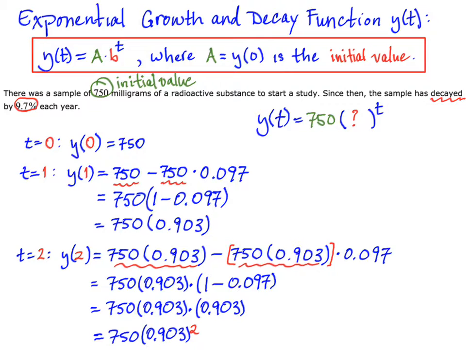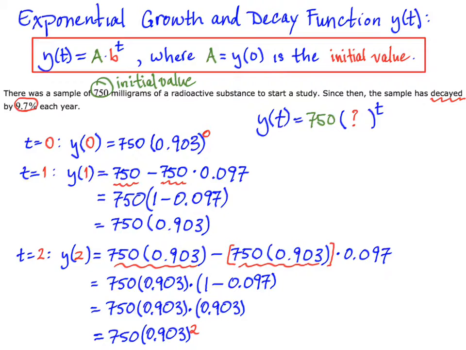And now I look back and I say, do I have a pattern? So when t was equal to 0, we had y of 0 equals 750, just 750. But I could write that as 750 times 0.903 to the 0, because that's just 1. Anything raised to the 0 is 1.